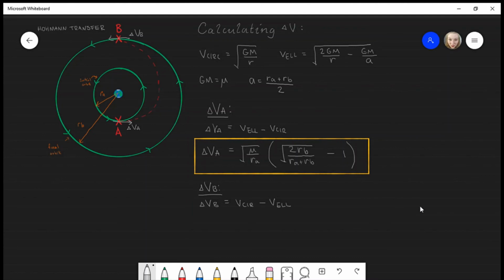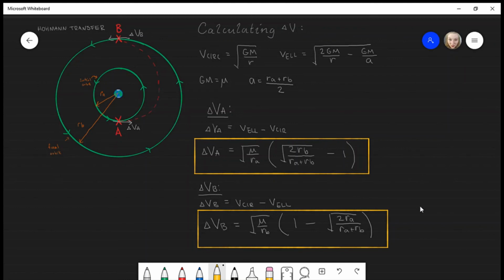If we do that, then we'll end up with a very similar expression, which is this. These are the expressions that we use to calculate delta VA and delta VB. And that is the Hohmann transfer.